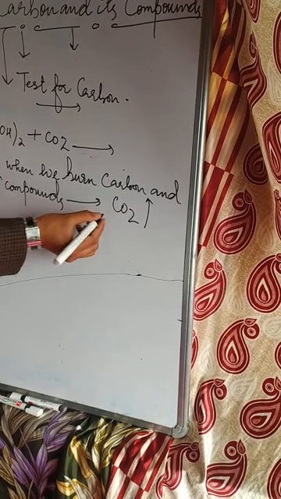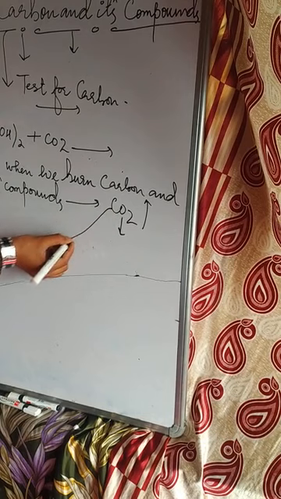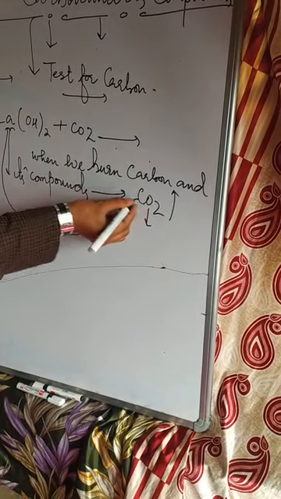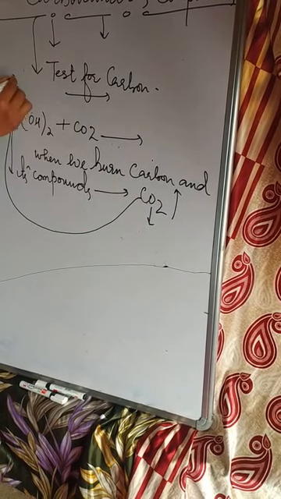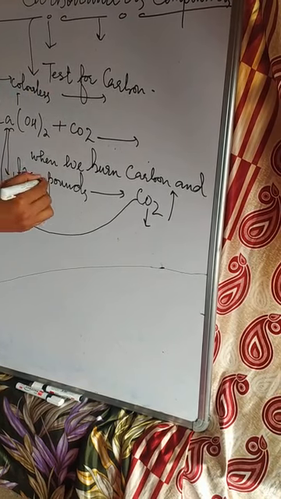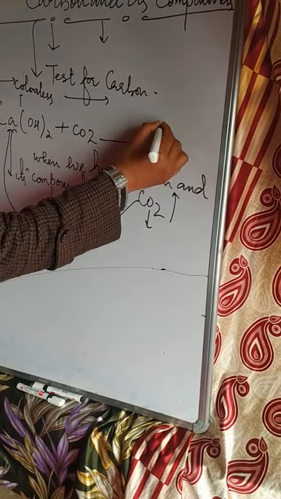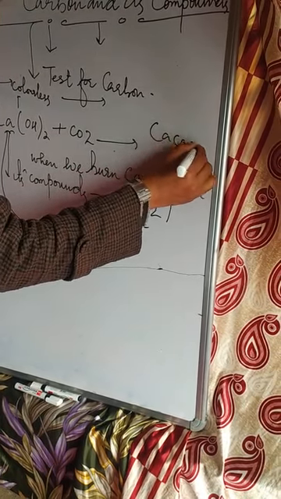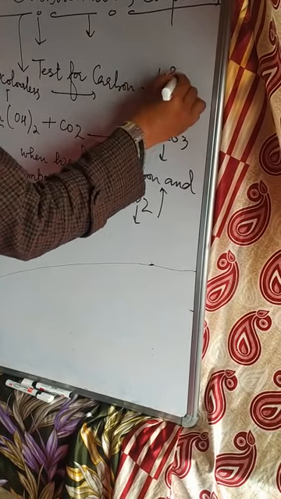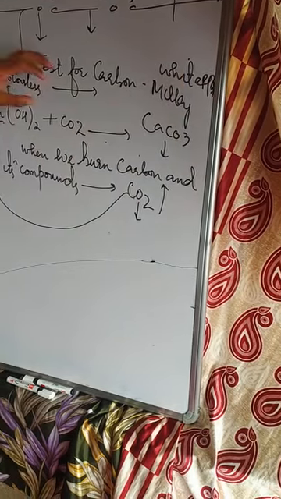The moment there is evolution of the carbon dioxide gas, we pass that carbon dioxide gas through the Slaked lime. The Slaked lime is colorless in nature. I told you in the last video lecture, the moment we pass this carbon dioxide gas through Slaked lime, there is always production of calcium carbonate, which is a milky white precipitate. That means this is the test for carbon.